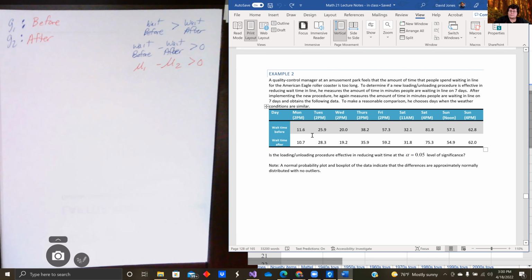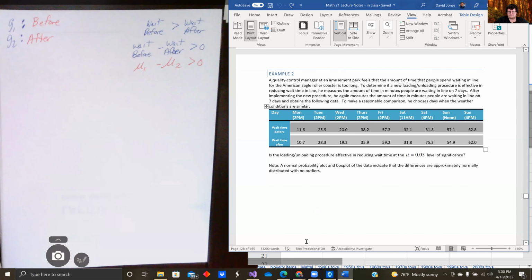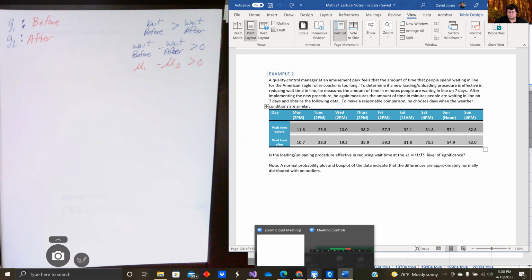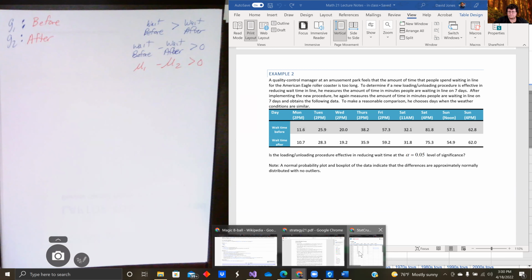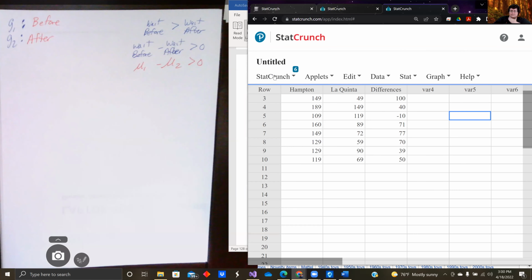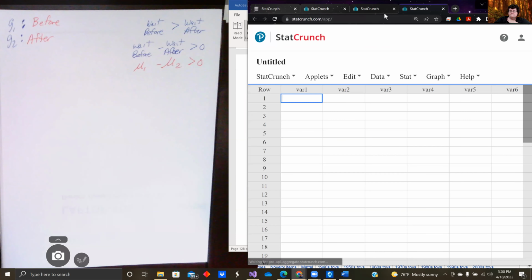Let's get this data copied over and put into StatCrunch. I hope I can copy and paste it. Let me make a new worksheet real quick. Okay, so pro tip when this happens for you.